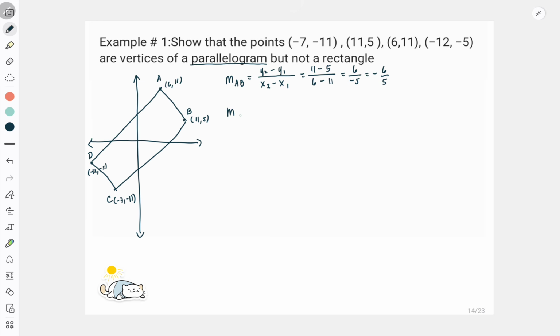How about the slope of side BC? Again, y sub 2 minus y sub 1 all over x sub 2 minus x sub 1. That's equal to 5 plus 11 over 11 plus 7, which is 16 over 18, or 8 over 9.